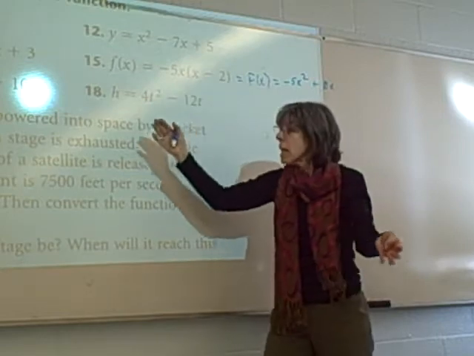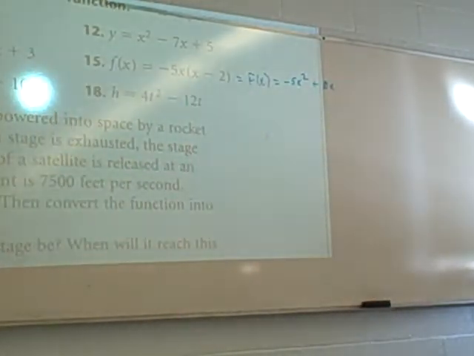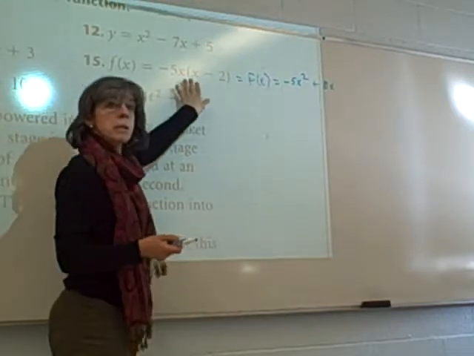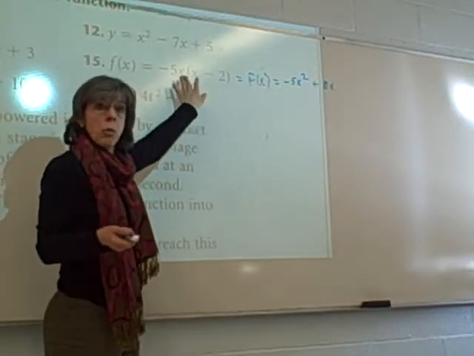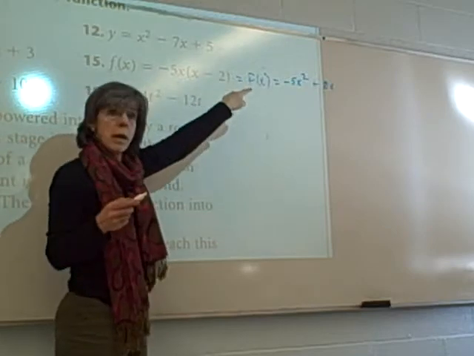And it's a quadratic because when I multiply an x times an x, I'm going to have a term with an x squared. And the way it is right now, I don't have a quadratic. I have to make it a quadratic.